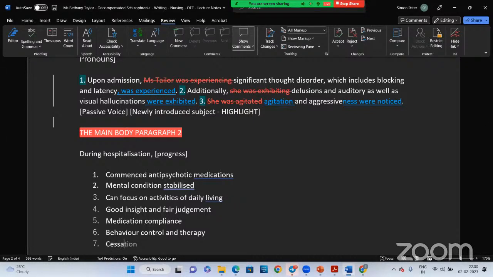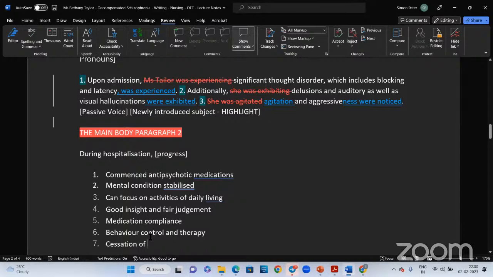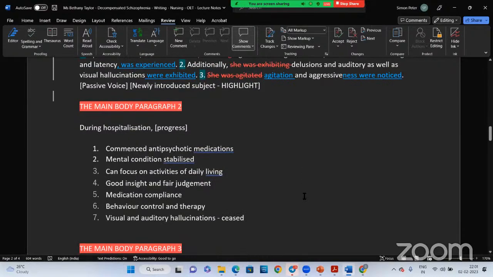Ceased means a cessation, noun, changing. Cessation of auditory and visual hallucinations. So ceased becomes cessation here. So ceased means stopped. So these are the points which you can write.